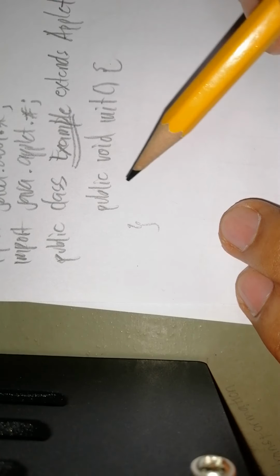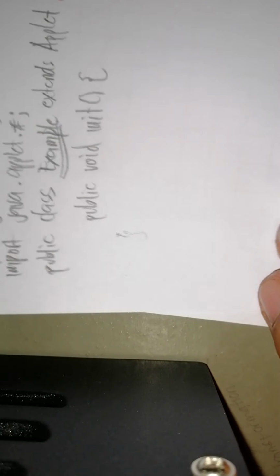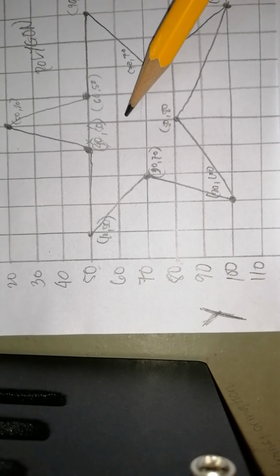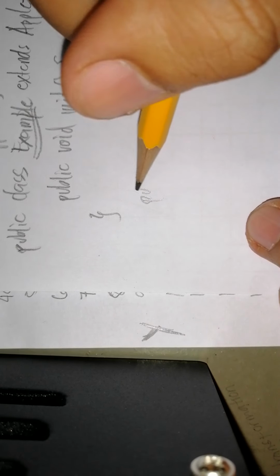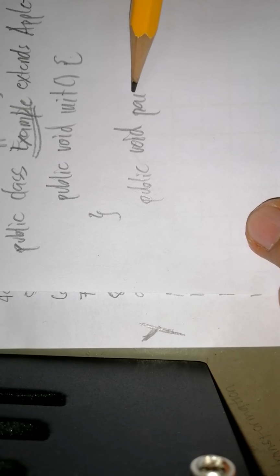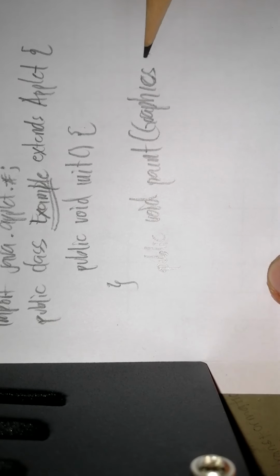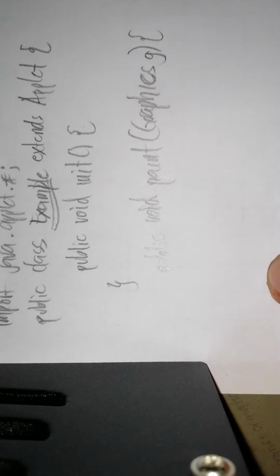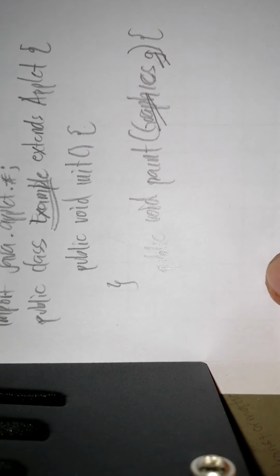Since our codes are just paper based, the most important thing here, guys, is the object itself, which is the star. Then next we have the public void paint, with Graphics g. Again, g represents the functions of graphics.